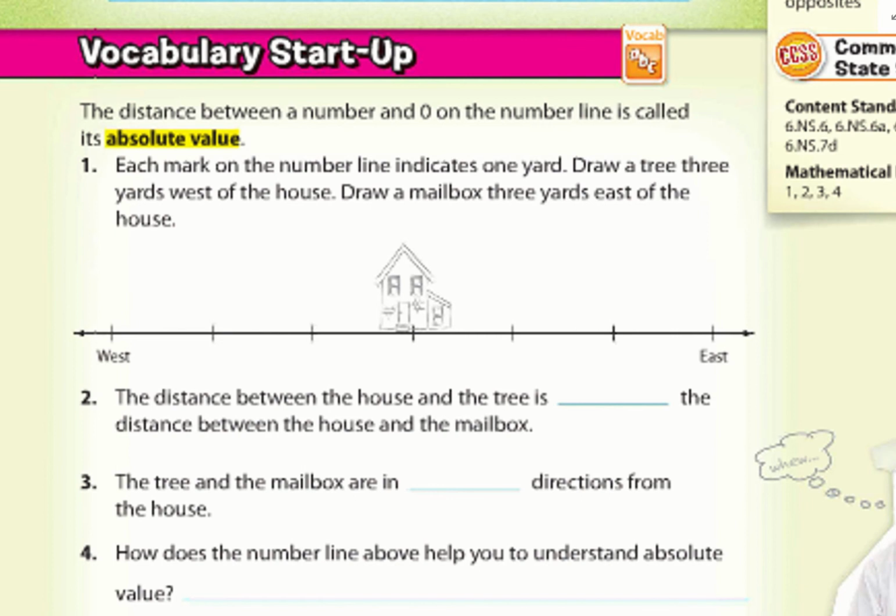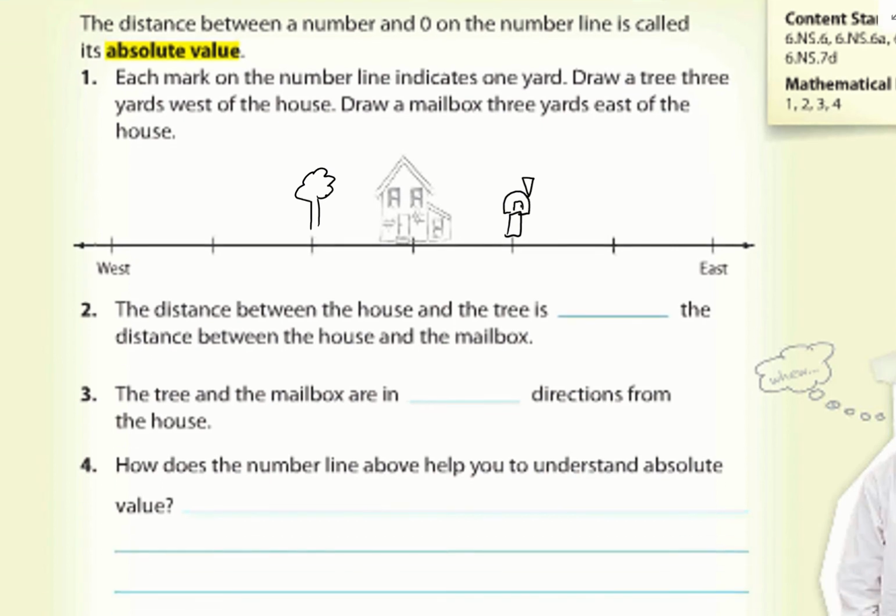Draw a tree 3 yards west of the house. Draw a mailbox 3 yards east of the house. So west and east, it says it on our number line. So if I draw a tree 3 yards east and a mailbox, my little mailbox, the distance between the house and the tree is equal to the distance between the house and the mailbox.